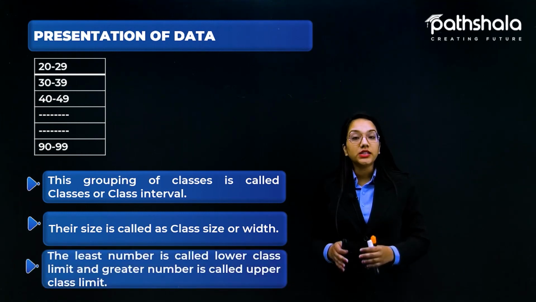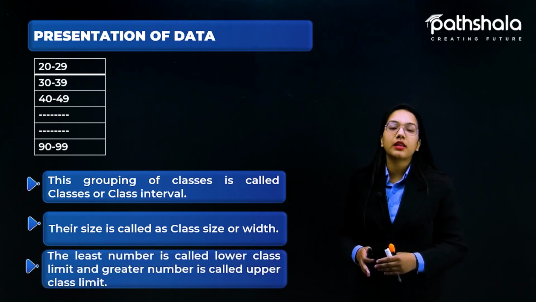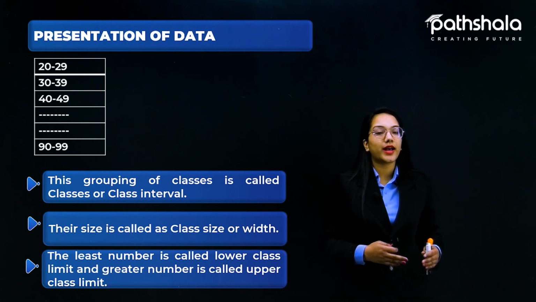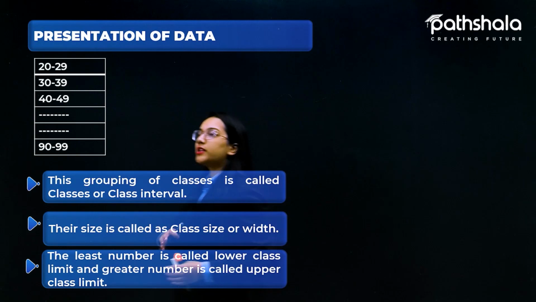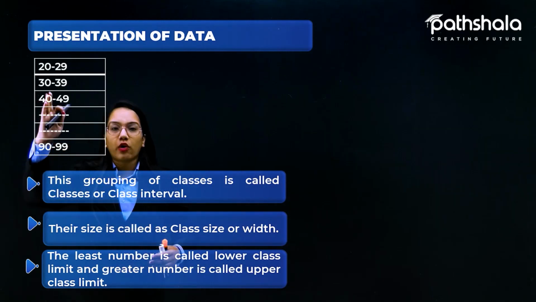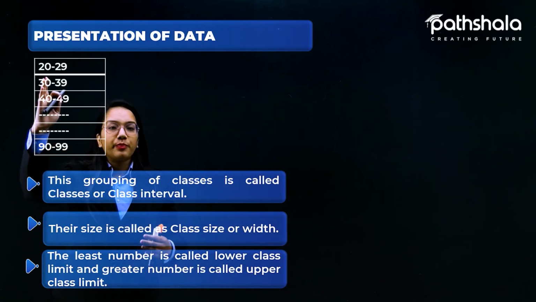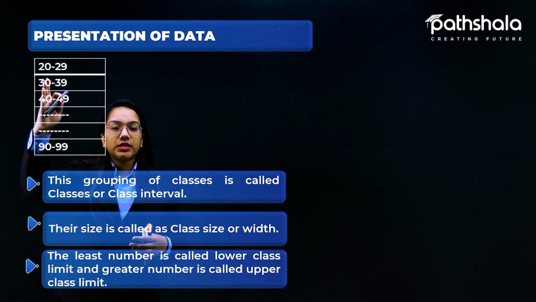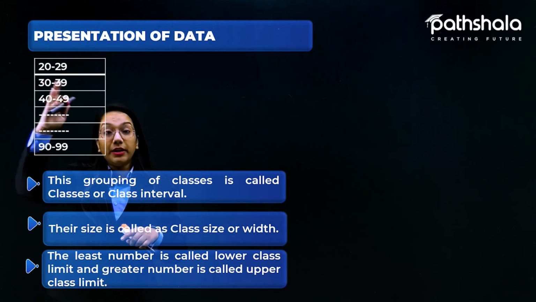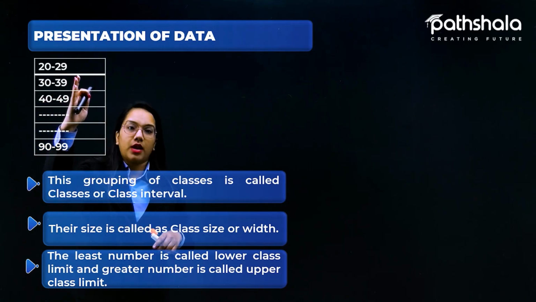Moreover, the least number is called the lower class limit and the greater number is called the upper class limit. Taking the very first class interval, 20 to 29, 20 is the least number, so it is called the lower class limit, and 29 is called the upper class limit.